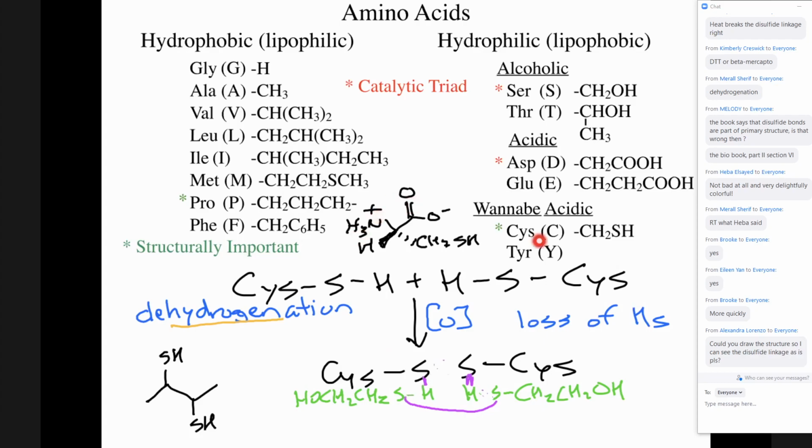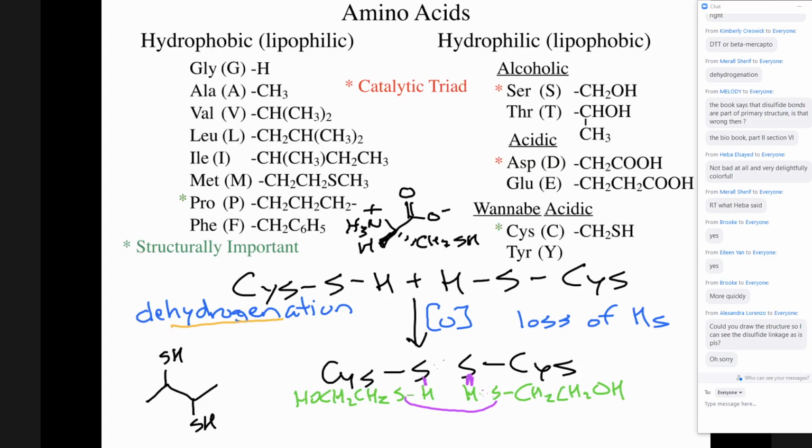So if this is what you mean by drawing that structure, does that seem okay? And then that SH turns into an SS bond. So that's, oh shoot, if I misinterpreted what you need on that one.